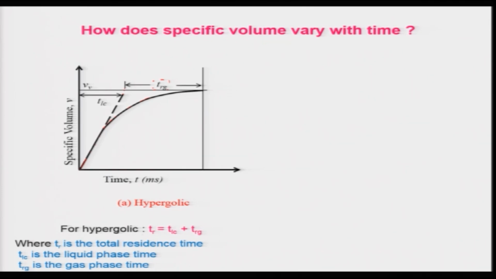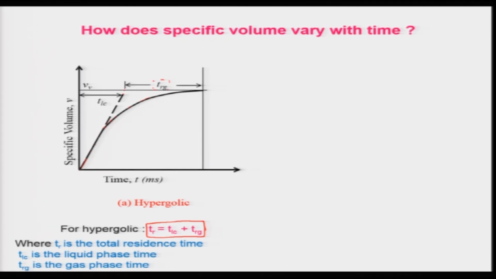So, the total residence time consists of two terms in case of hypergolic propellant. One is TLC and the other one is TRG, and you can conduct experiments and find them out.